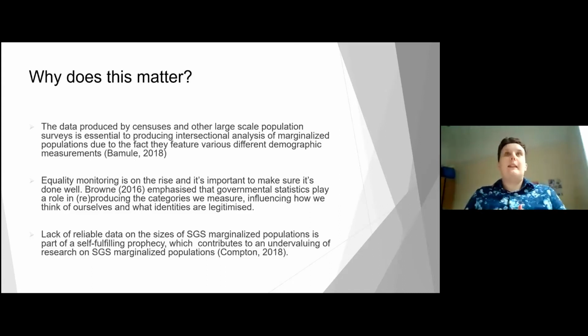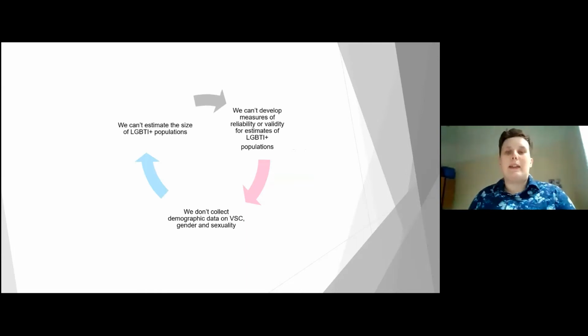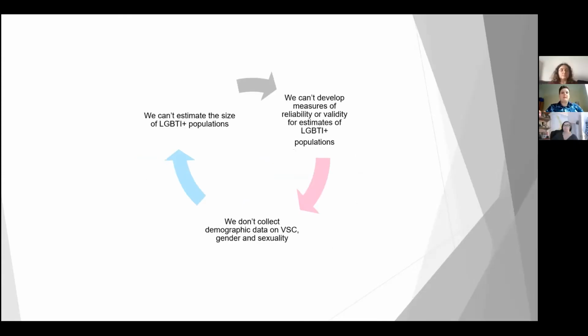And if we can't estimate the size of the LGBTQI population, for example, then we can never really know how representative smaller research is, and it limits how much that is respected. So I've got this little diagram here to sum that up. We just don't ask these questions because we don't know what size these populations are, so we don't end up addressing them in the same way that we would for other issues.